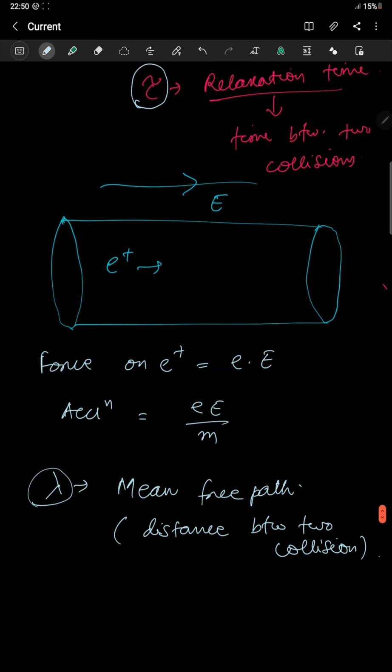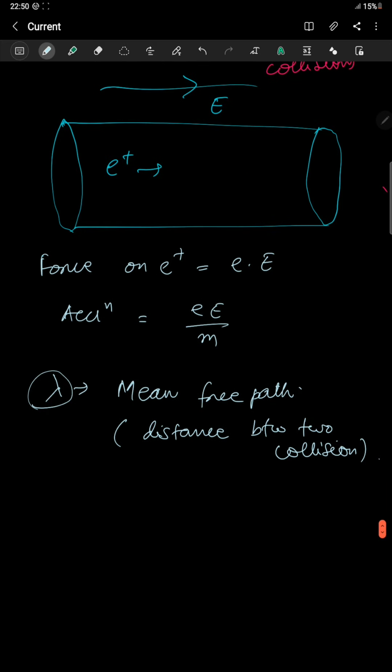Okay, now we will consider that a large number of electrons are moving. Suppose for the first charge carrier, its final velocity v1 will be equal to u1 plus a tau 1. Then for the second charge carrier, v2 will be u2 plus a tau 2.